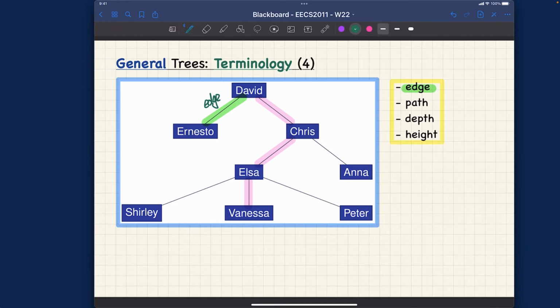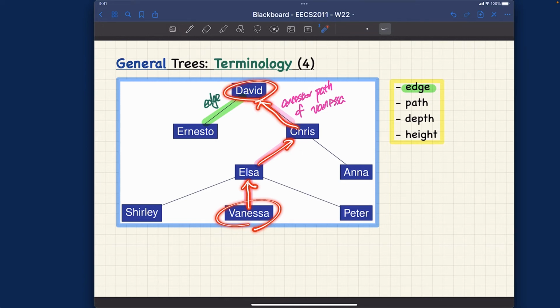It's called the ancestor path of Vanessa. We start from Vanessa and keep going to the parents, all the way up to the root, including the root and also the initiating node itself.